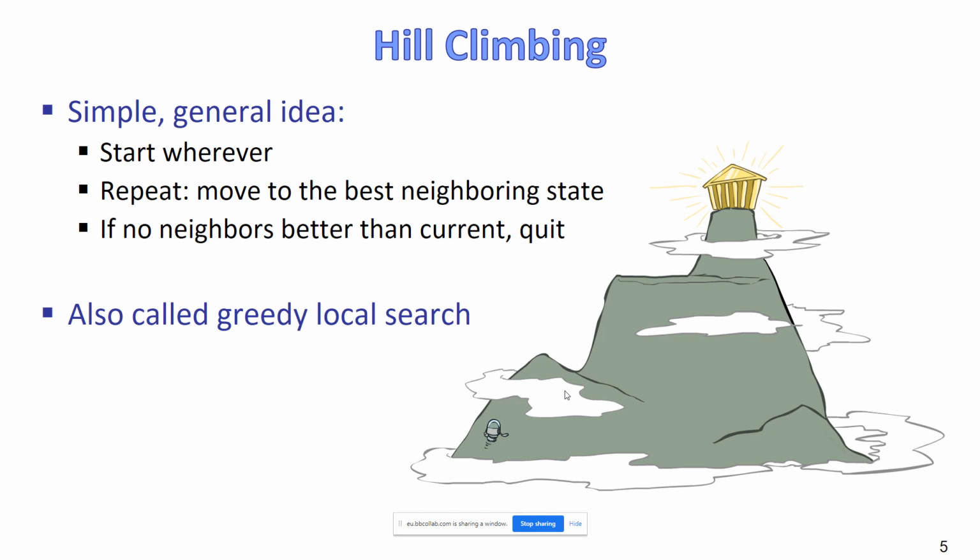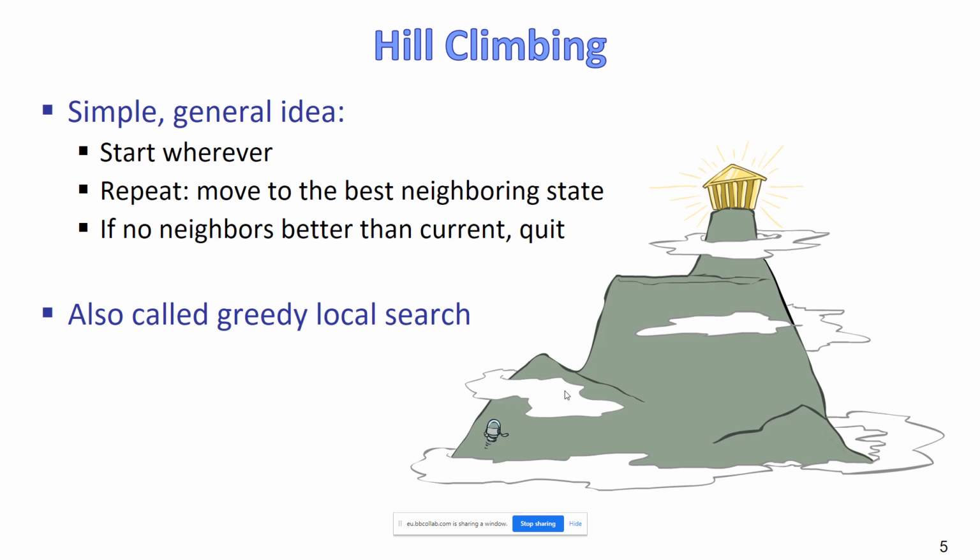So you check the local neighborhood, the local vicinity, and move towards the direction that will give you the best improvement toward the goal. Of course, thinking that this is the global goal, but it might be a local goal or a local maximum, as we will see in the next slides. So look at the local neighborhood and take the direction that is best for you at that moment.